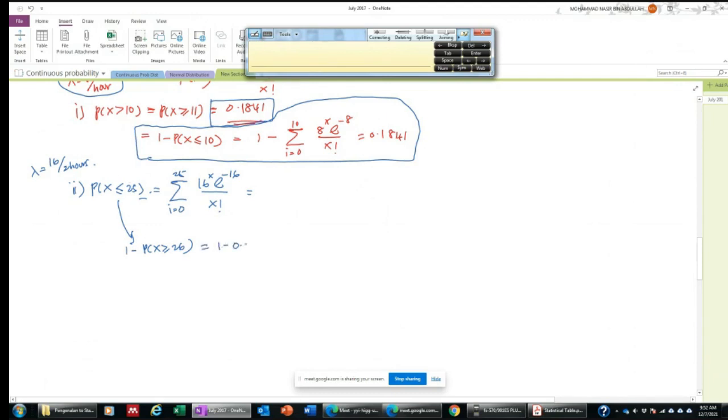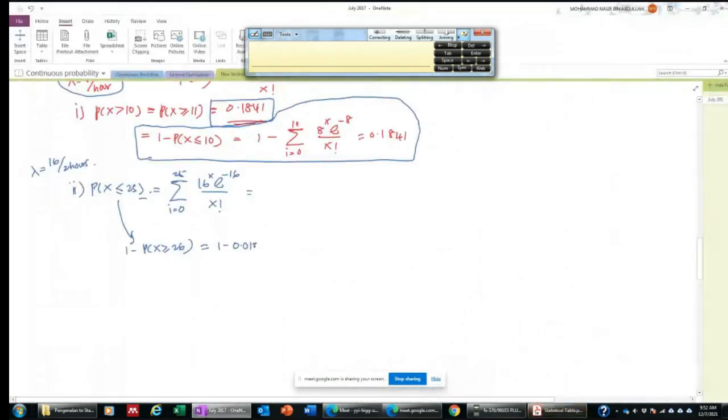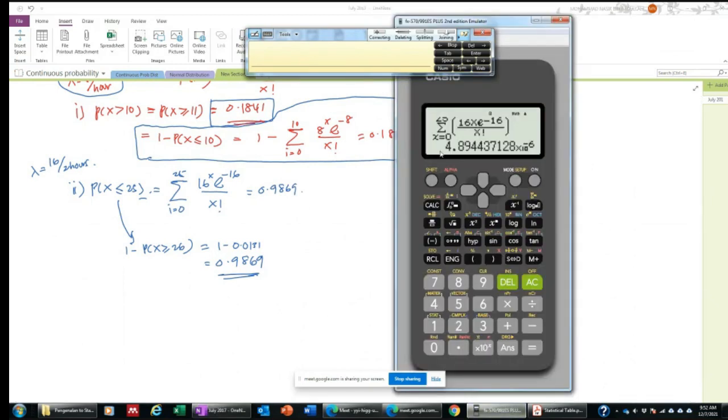So 1 minus 0.01, how much was it? 0.0131. It should be equal to 0.9869, right? If your calculator gives the wrong value, press it again from the start.